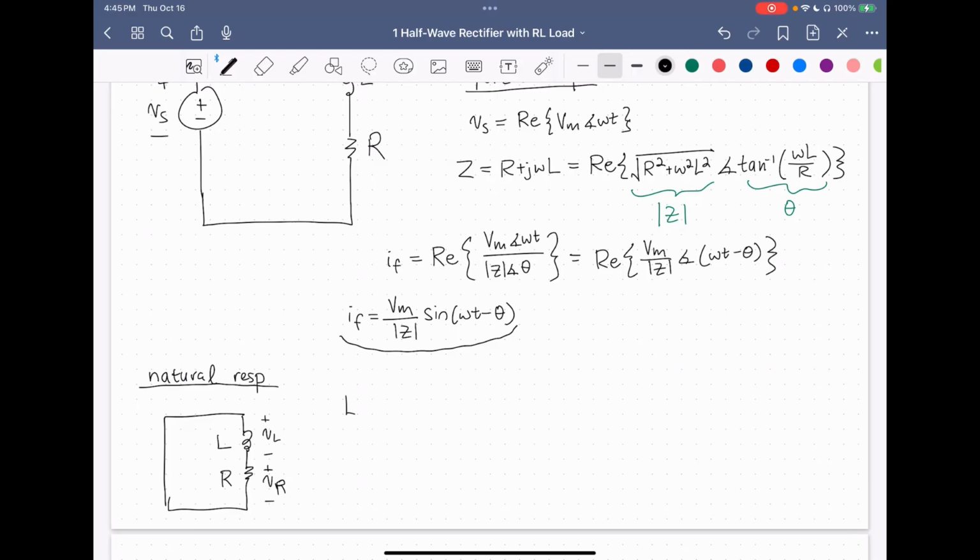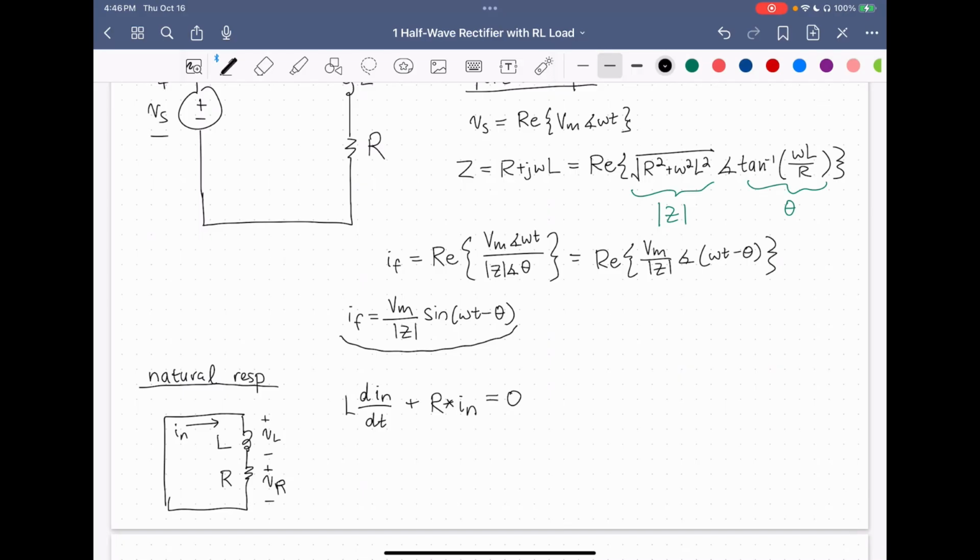Now VL is L d, let's call this IN flowing through the circuit, L dIN/dt, so the voltage drop VL, plus VR, which is going to be R times IN. And this has to be 0 because of KVL.